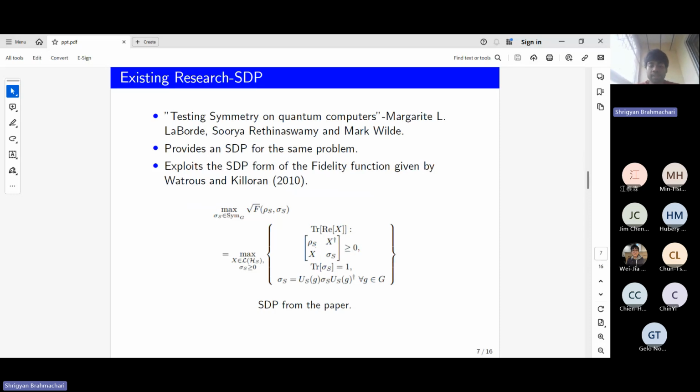The idea behind their derivation was simply using the semidefinite form of the fidelity function given by Watrous and Killoran, I think separately in 2010. Once you have that SDP, it's very easy to make a small modification to include the symmetries, and you get it. Unfortunately, while this SDP will absolutely work, it scales terribly with dimension, and it's not necessarily a very practical way to find these states. I'll discuss the efficiency with plots a little later.